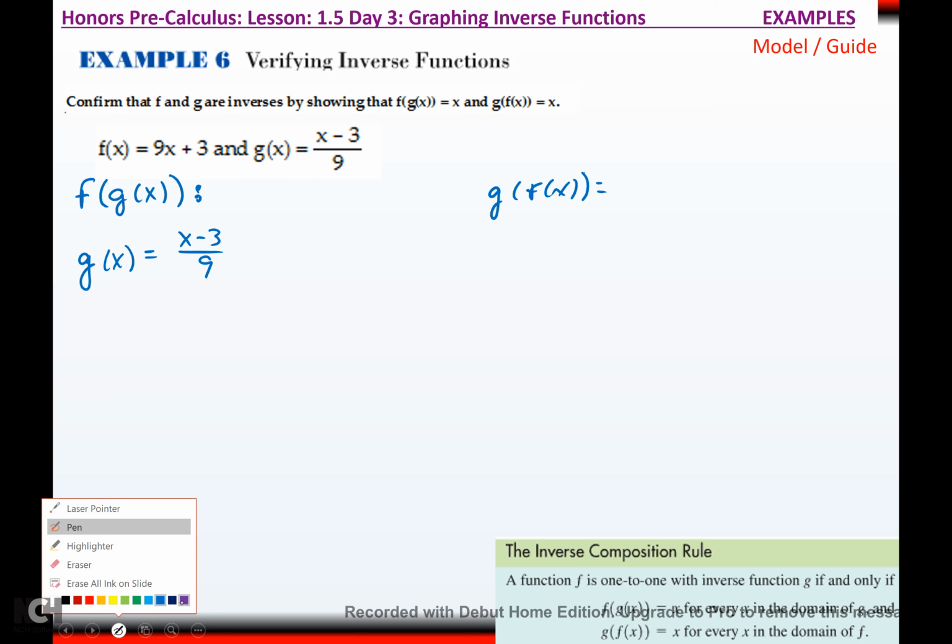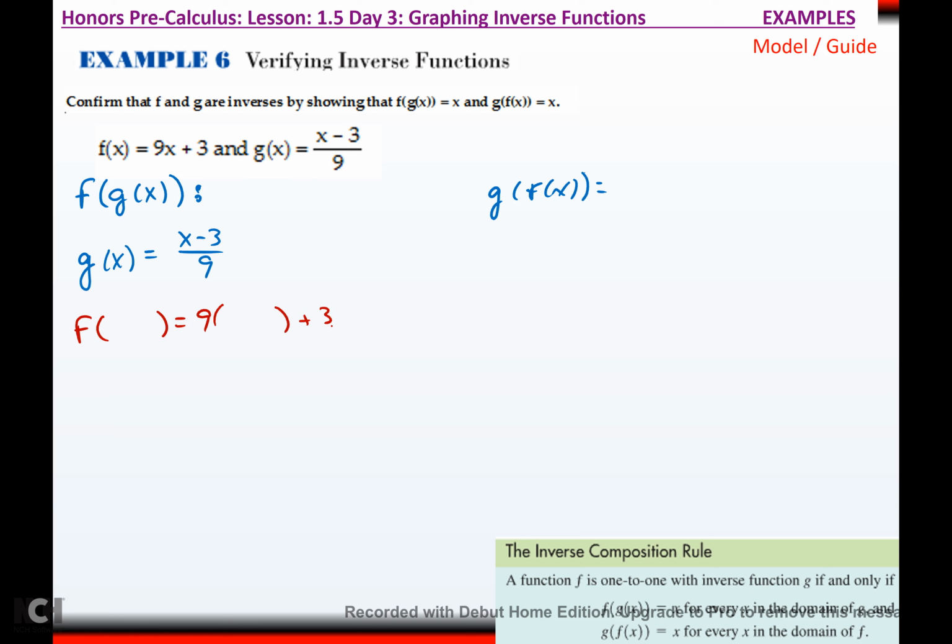And we're going to go to f, which says 9 times whatever you brought plus 3. I brought x minus 3 over 9. Now, you could multiply that all out if you want to, but isn't a multiplication 9 going to cancel out a division 9? Which leaves x minus 3 plus 3, which makes those cancel, which gives me the identity.